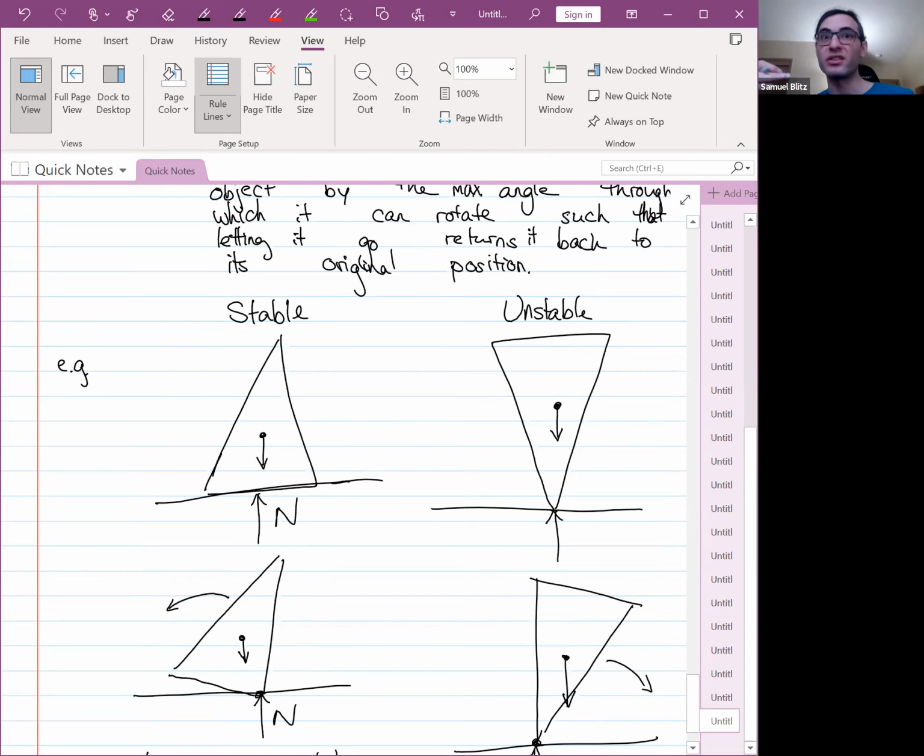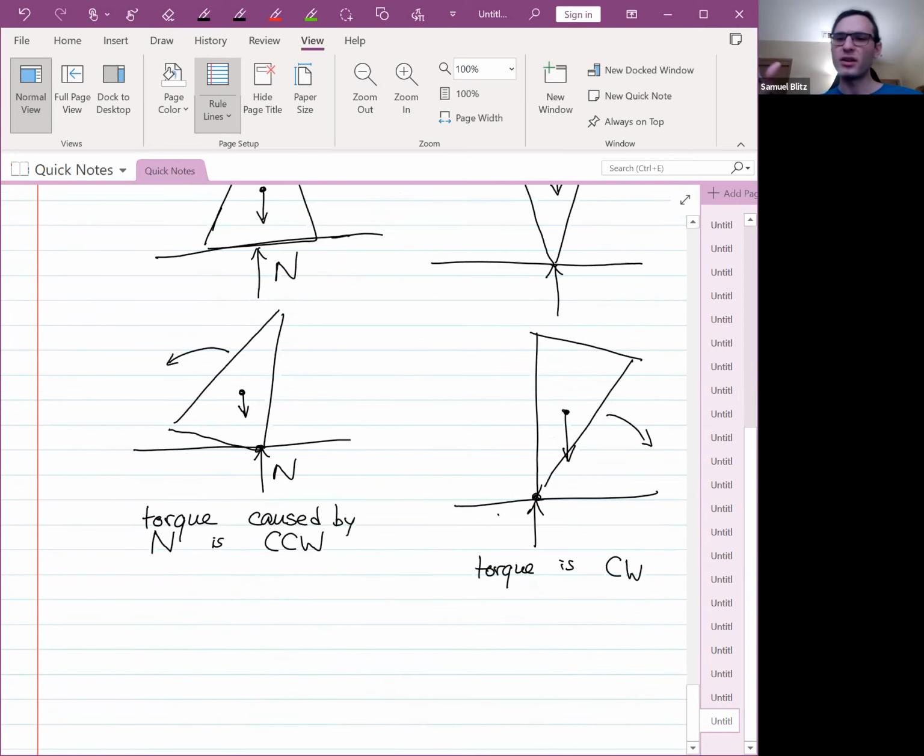And so we define stable equilibria as those with non-zero stability measure, and we define unstable equilibria as equilibria where the stability is 0. I want to link back to this notion of stability that we talked about when we were talking about energy diagrams, because really this notion of stability that we just introduced is the exact same as when we were doing energy diagrams, and it's for the exact same reason.